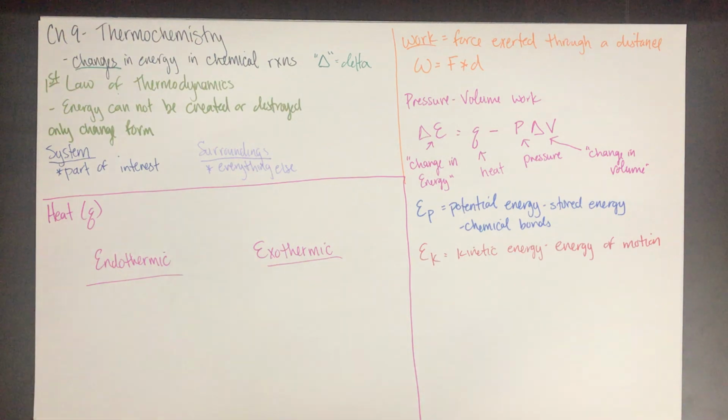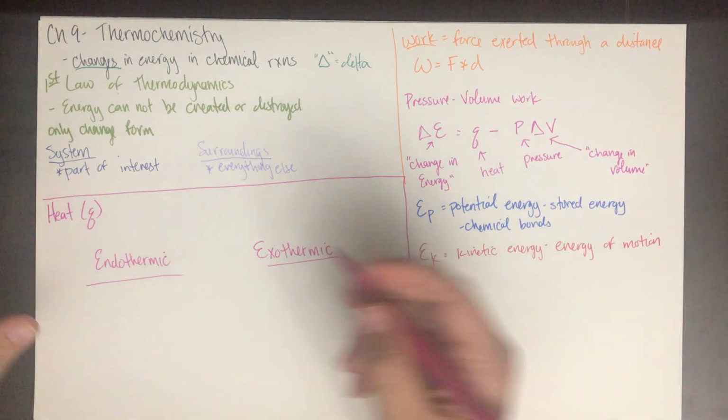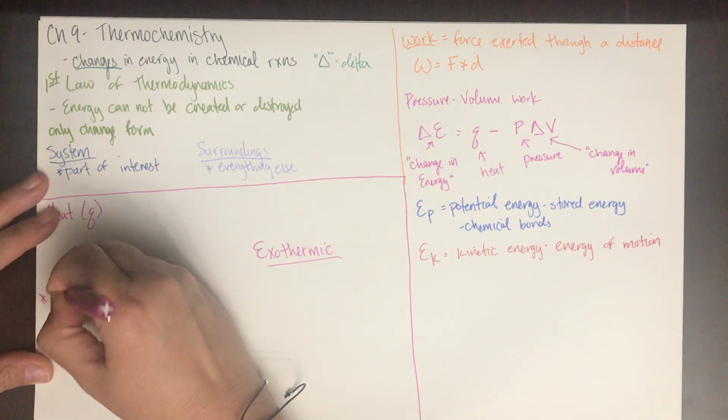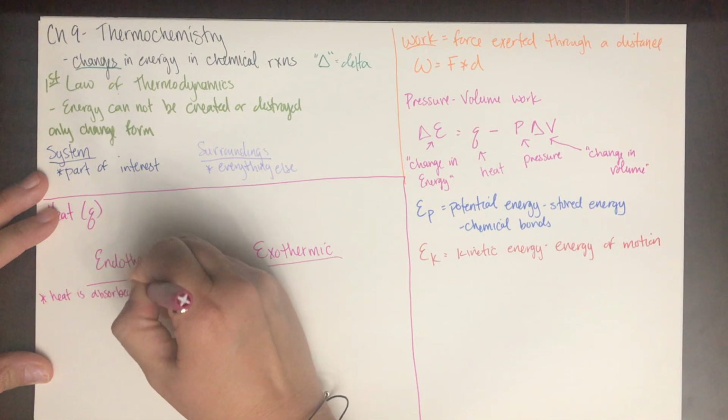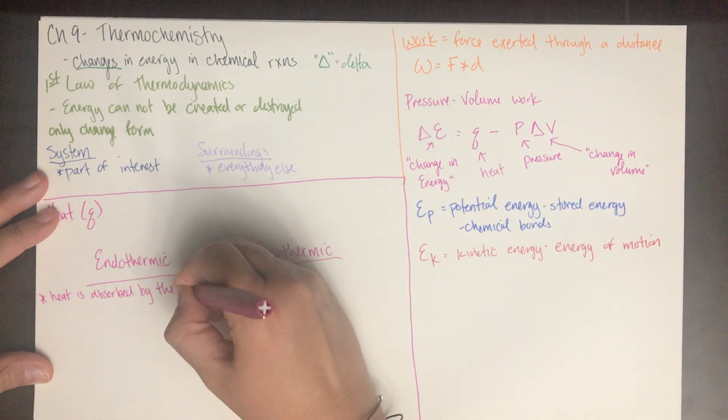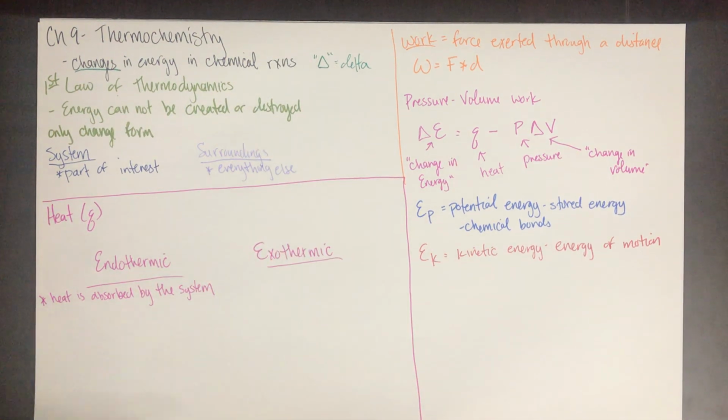So this is really important that you understand the differences and what's happening here. So endothermic reactions, this is a chemical reaction or process in which heat is absorbed by the system. So for example, if you were doing a chemical reaction in the lab and you mixed two chemicals together and it was an endothermic reaction, heat would be absorbed.